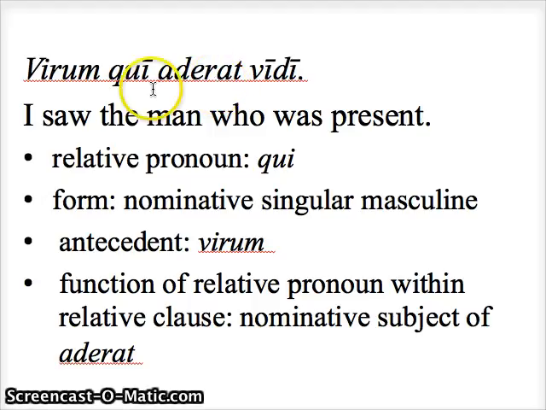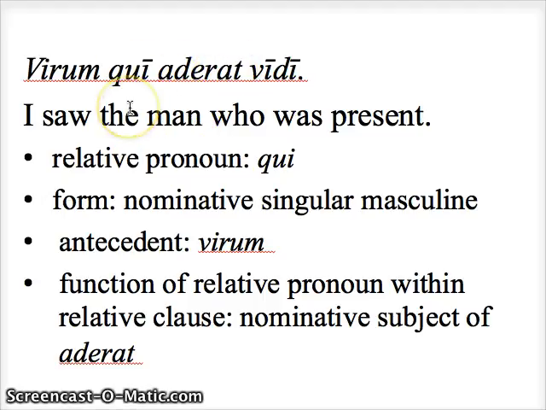Therefore, we're going to use the nominative case. So the relative pronoun agrees with its antecedent in number and gender. But the case of the relative pronoun is determined by its function within the relative clause.